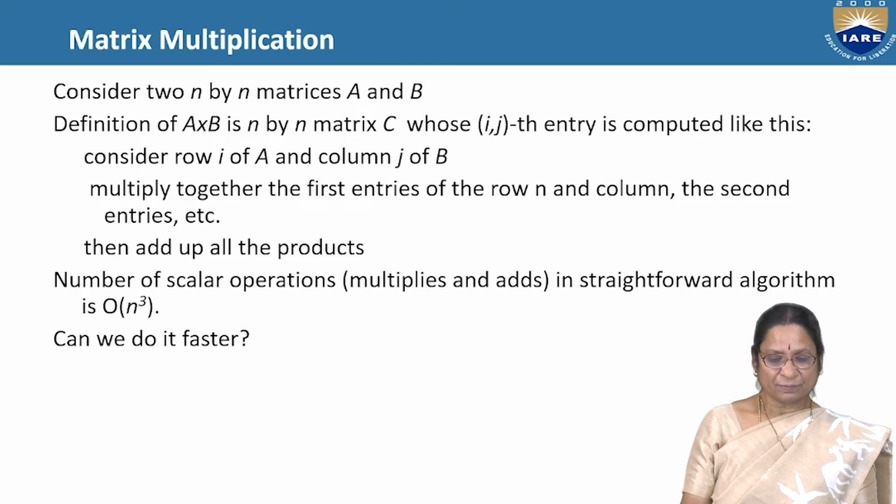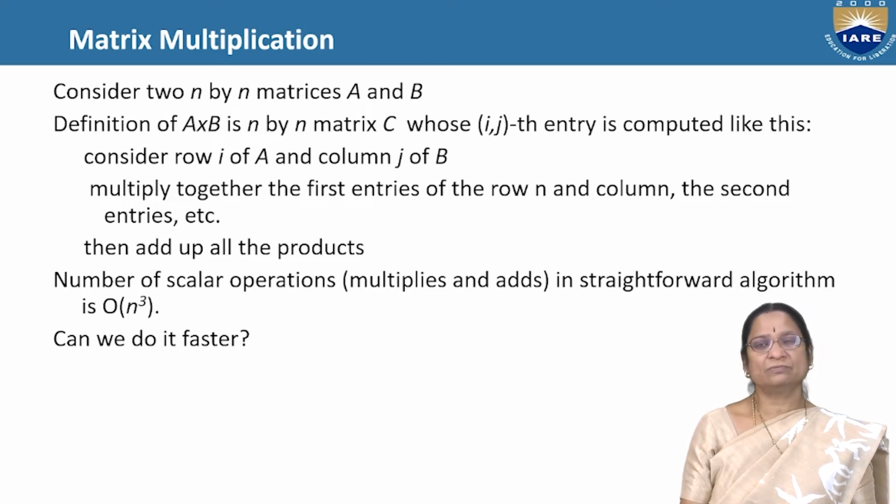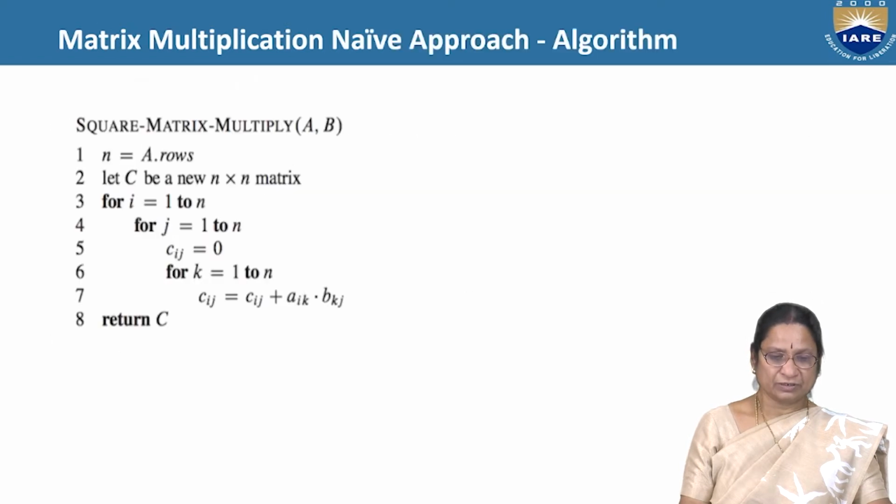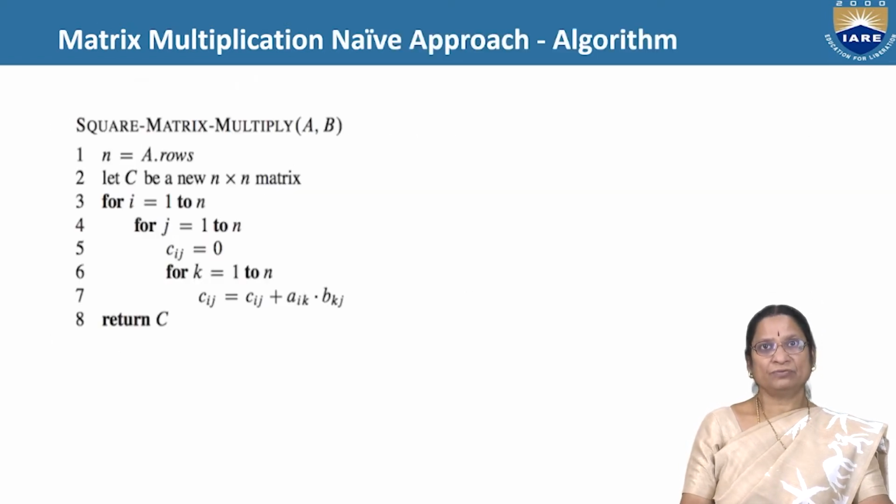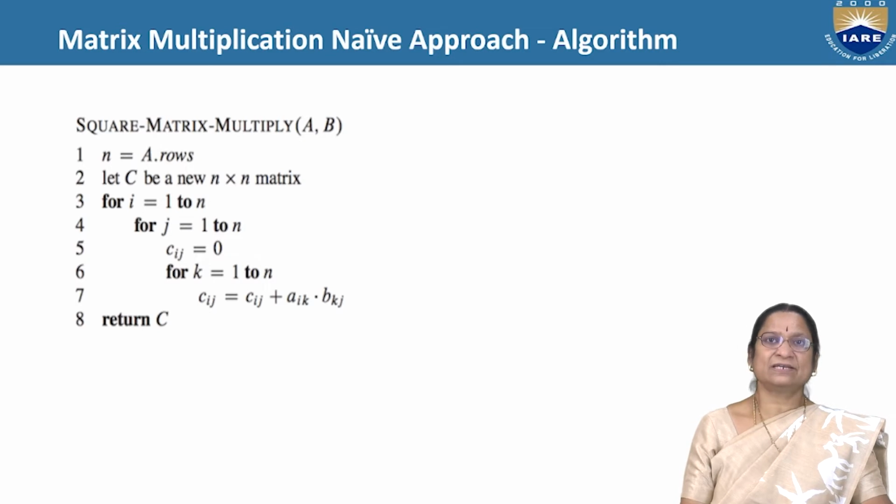So the number of scalar operations, multiplies and adds, in the straightforward algorithm is of order n cube. How could it be order n cube? Is there any faster technique?